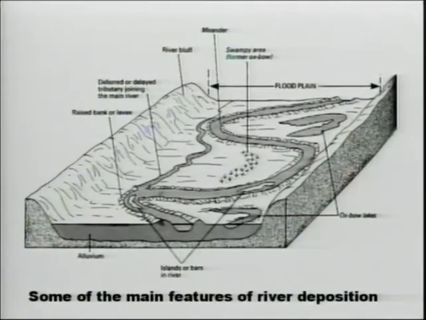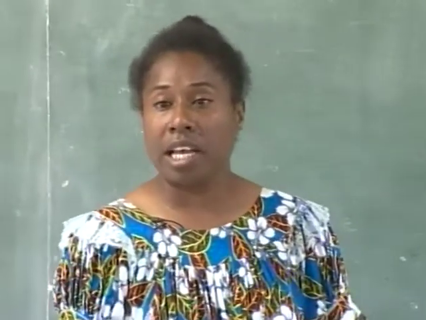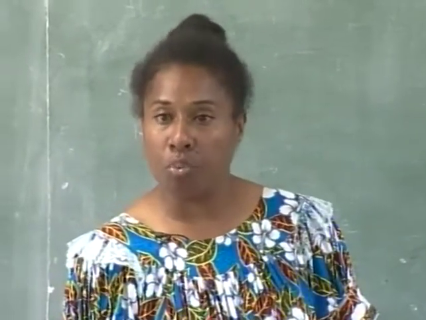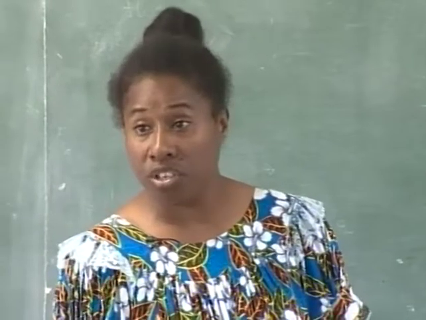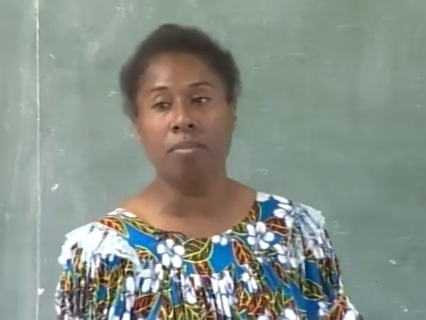Okay, so those are some of the depositional features, all of which you have been given the task to explain in detail how they are formed. Beside that, you were also given other features, like some of you or a group will be explaining about river gorge, what is a gorge and how it is formed.